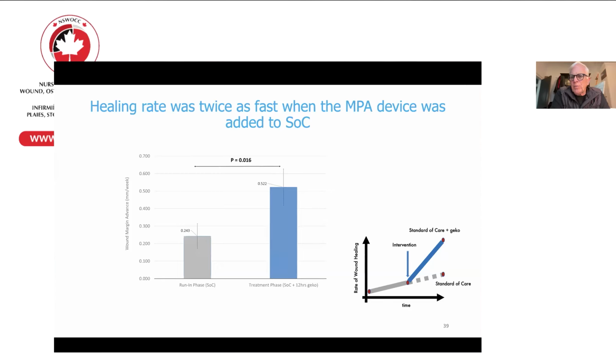The graph on the bottom right shows you the run-in period, which is a solid grey line. The dotted grey line is the standard of care group, and their rate of ingrowth continued much the same. And then those that had the muscle pump activator, you'll see a significant increase, essentially doubling of the rate of wound ingrowth or wound healing.